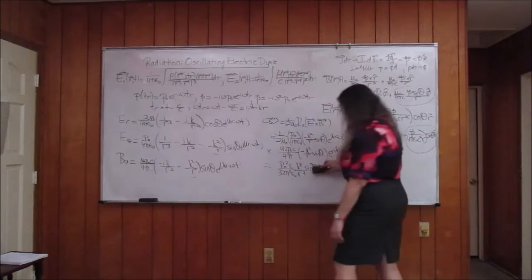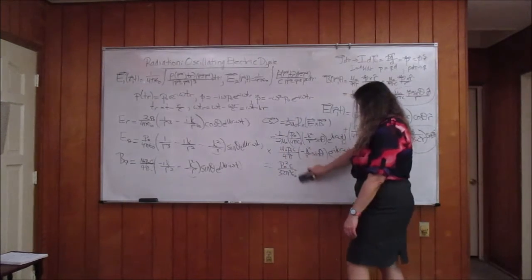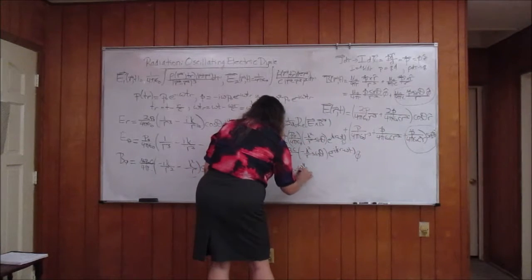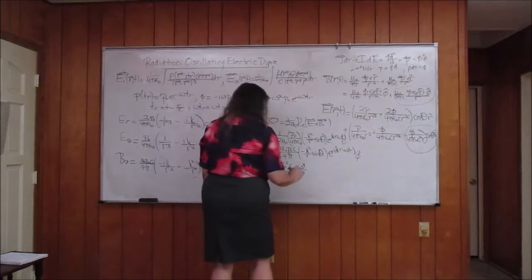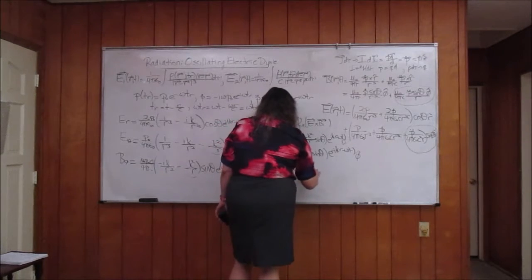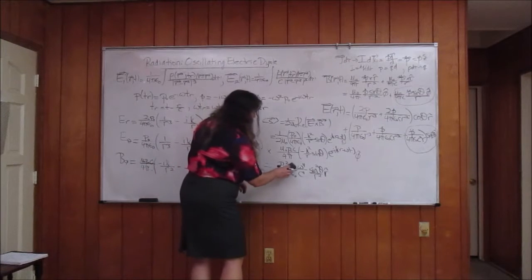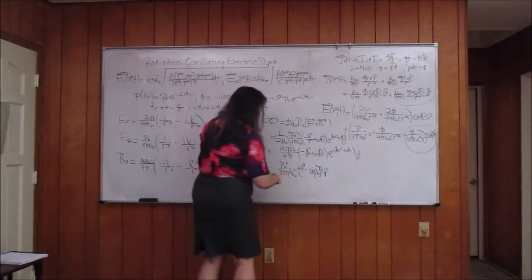Write k to the fourth as omega to the fourth over c to the fourth. So one of these c's will cancel with one of these.